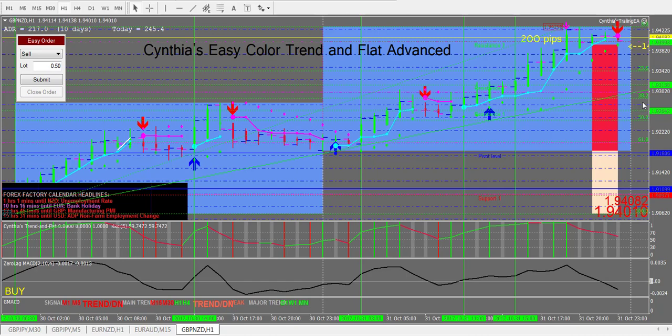If it resumes in the original direction up, it's going to have a lot more force. If the price pulls back to the 50% retracement level, that's a very deep pullback. Or the 61.8 retracement level, that was right here where we had the entry. So that's a very deep retracement, and if the price resumes back up, it's going to be very, very strong and will have a very strong potential for a big, big move.